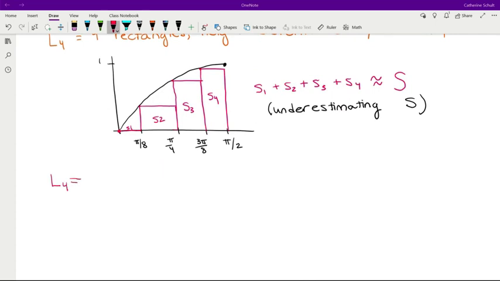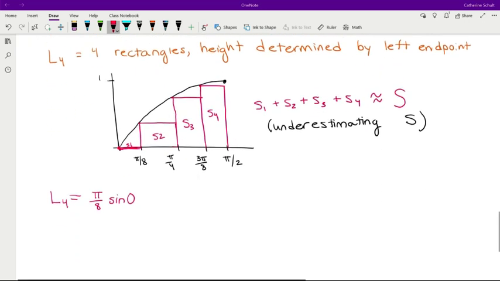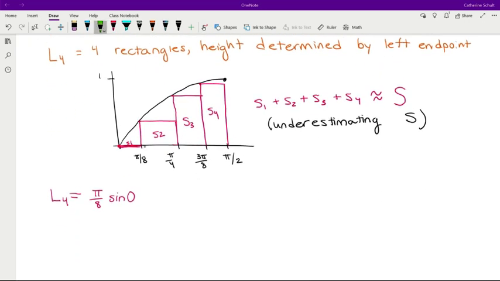All right, well, we're going to add up all of the rectangles. So this first rectangle is just 0. All right, but we can also multiply by the width of that rectangle. And then the height is sine of 0, which is 0. Okay, and then next up, this rectangle right here, the width is still pi over 8, and now the height is sine of pi over 8. All right, so that's the area of that one.